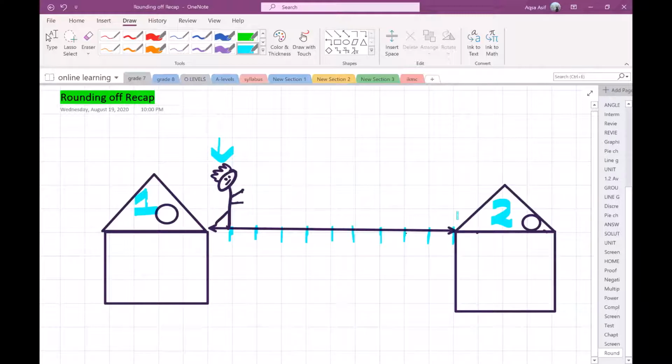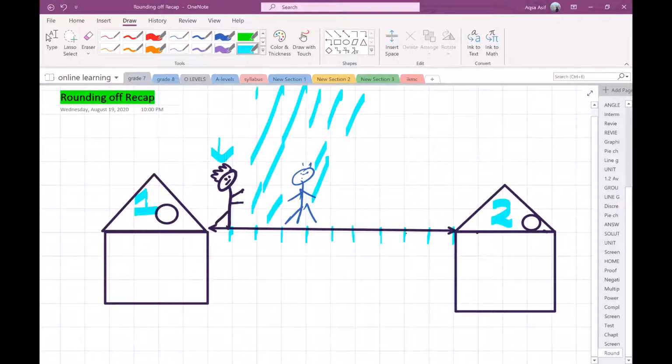Let's suppose when he reaches the fourth step, or maybe the third step, it starts raining heavily.